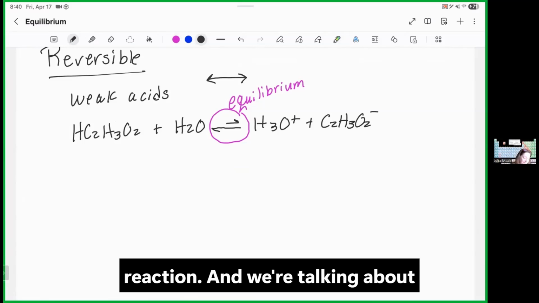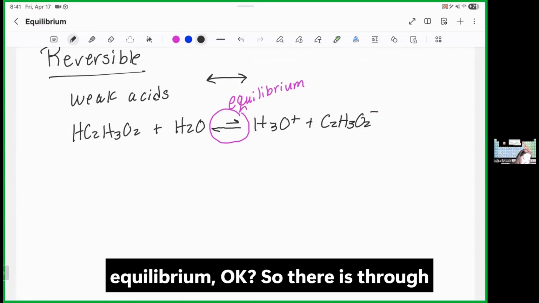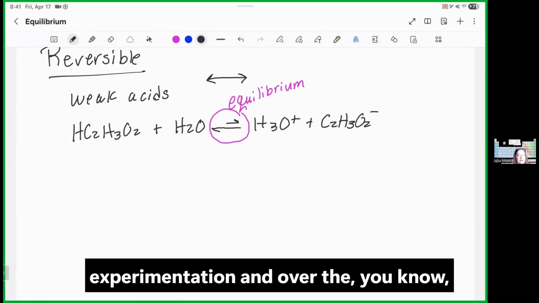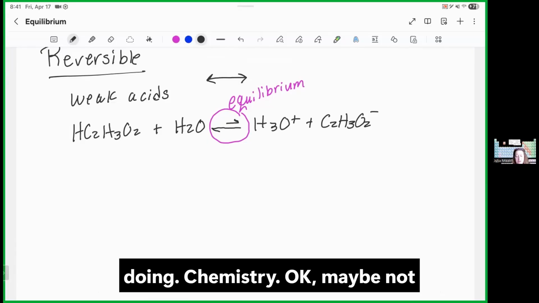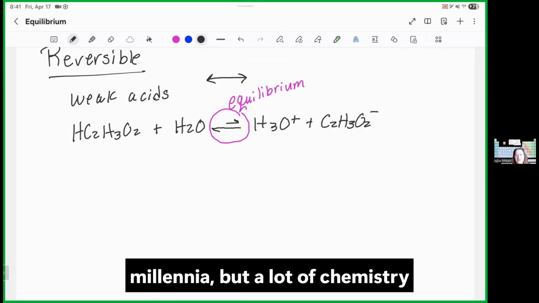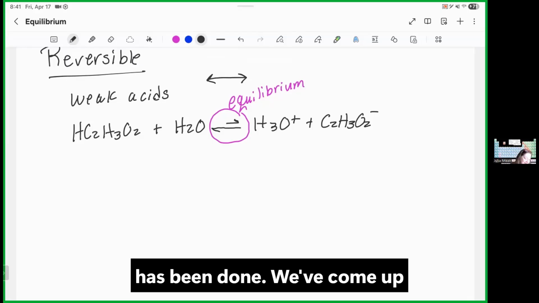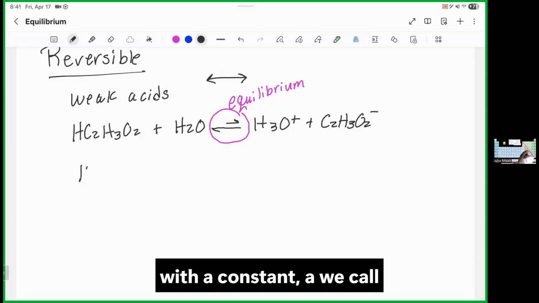And we're talking about equilibrium. Okay, so through experimentation and over the many, many millennia that we've been doing chemistry, okay, maybe not millennia, but a lot of chemistry has been done, we've come up with a constant, we call it an equilibrium constant, Keq.